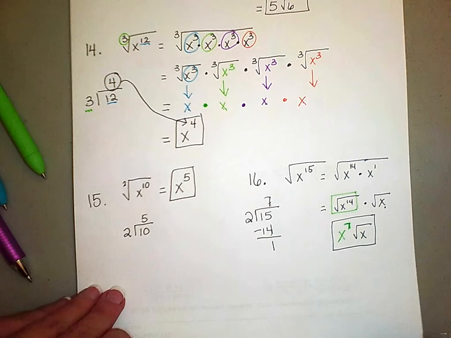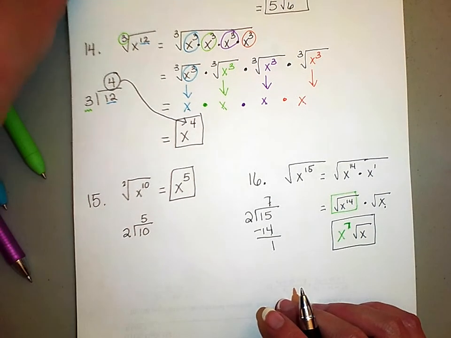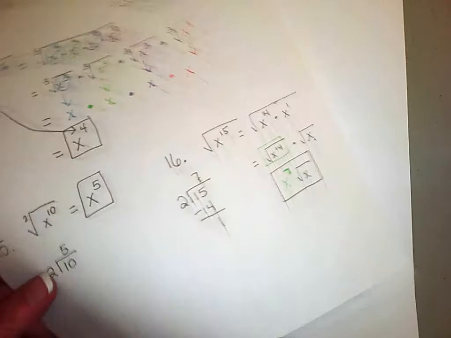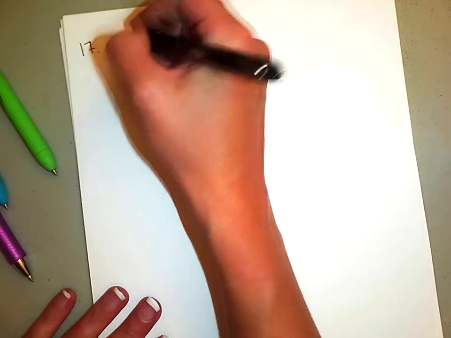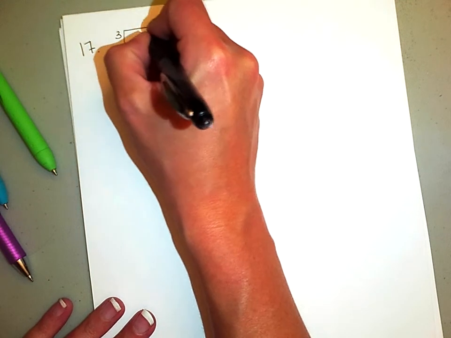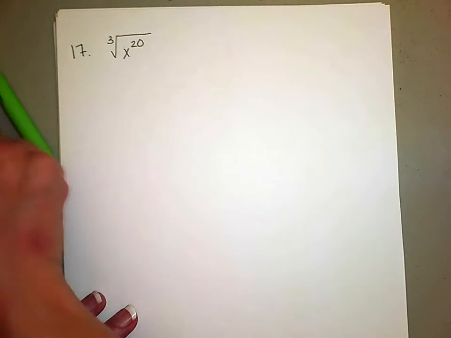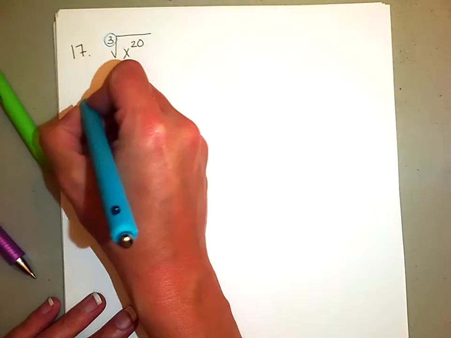Let's do 17. The cube root of x to the 20th. Now, our index here is 3. Okay, so we're looking for groups of 3.